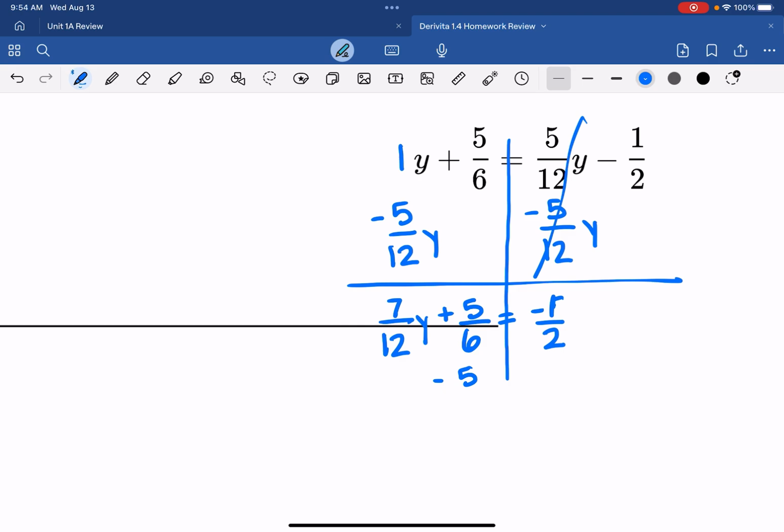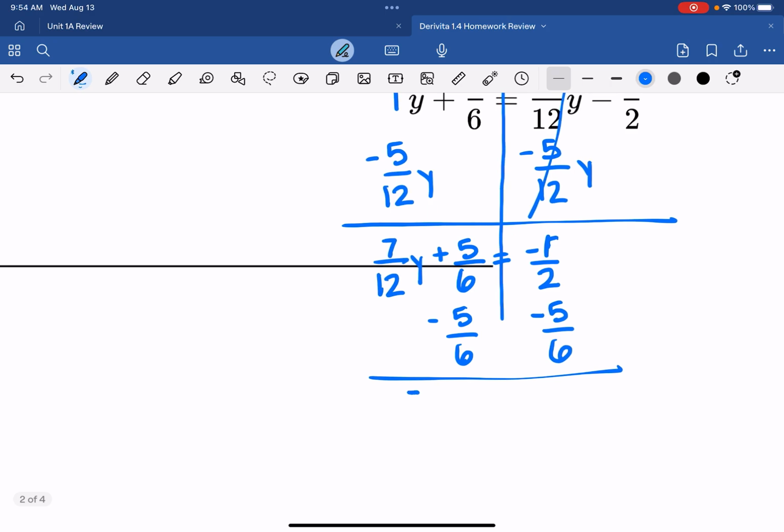Then I'm going to minus the 5/6. So I have 7/12 y equals negative 4/3. And then to get y by itself, I'm going to multiply by the inverse.